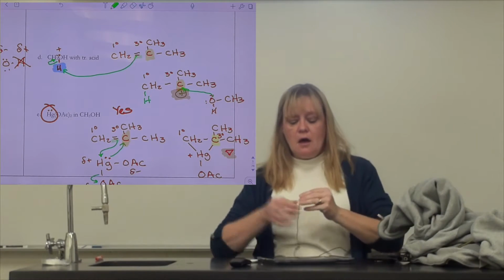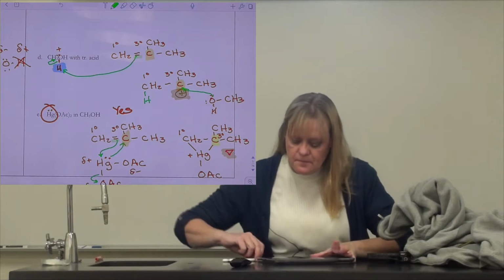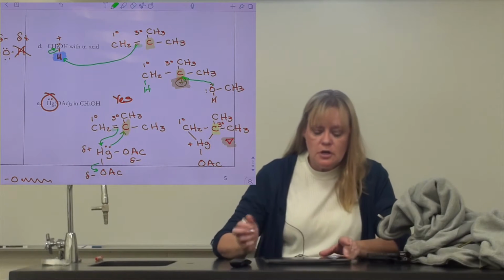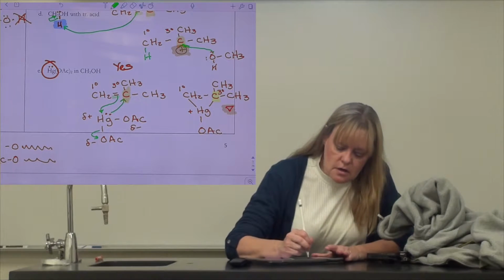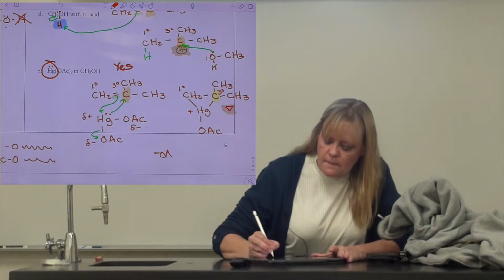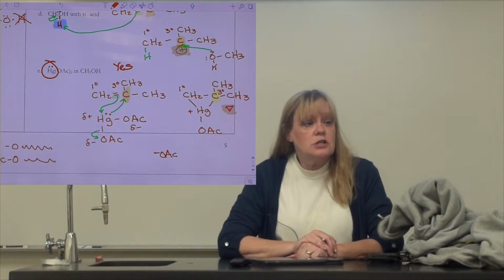On E, once you've got the strained ring, you're looking at the resources that you have left over. Your resources are the acetate that came off, and it's got a negative formal charge because it took the electrons with it.